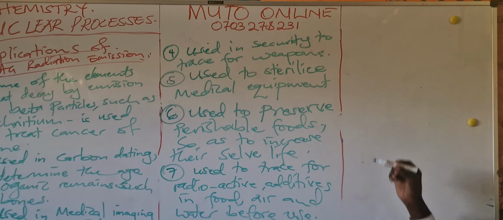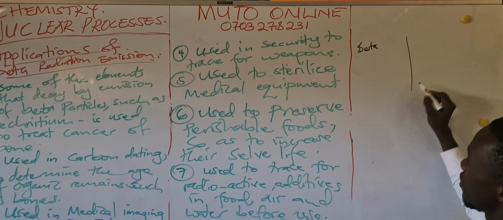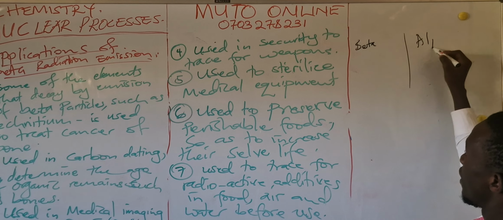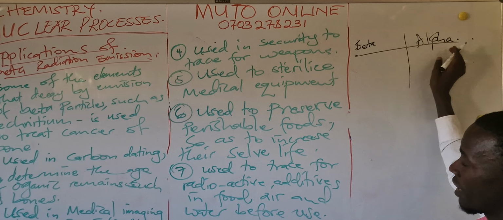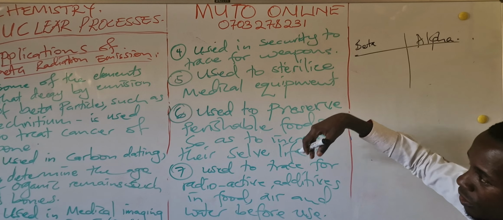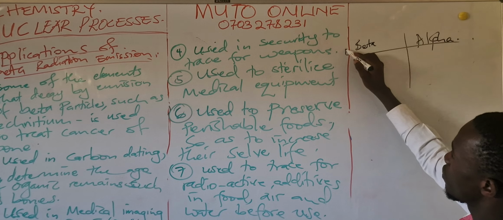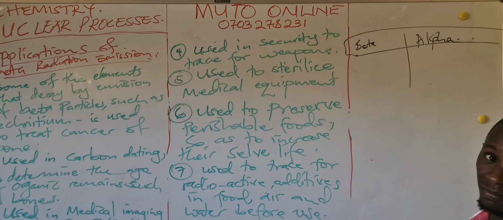And I know you can sit and compare these beta radiations versus the alpha radiations in terms of properties. They almost have related applications, but you can talk about them in terms of differences in properties.